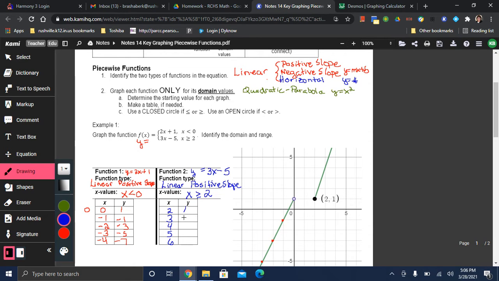Now, for this one, we had a greater than or equal to 2. So this point, this 2, 1, should be starting with a solid or a closed circle. And so you see this 2, 1, it does have a closed circle.